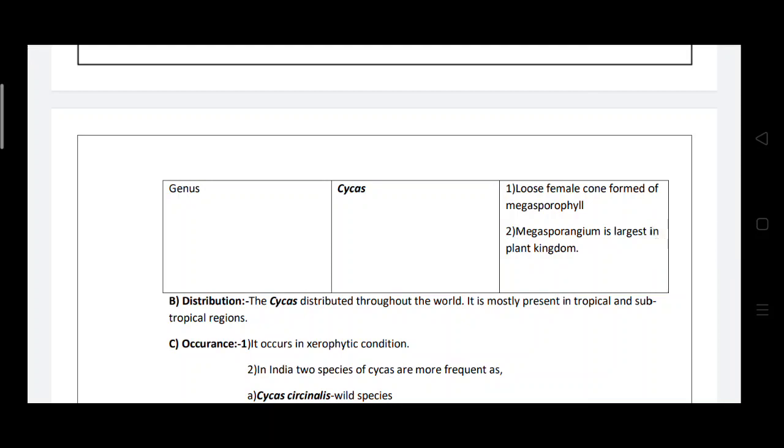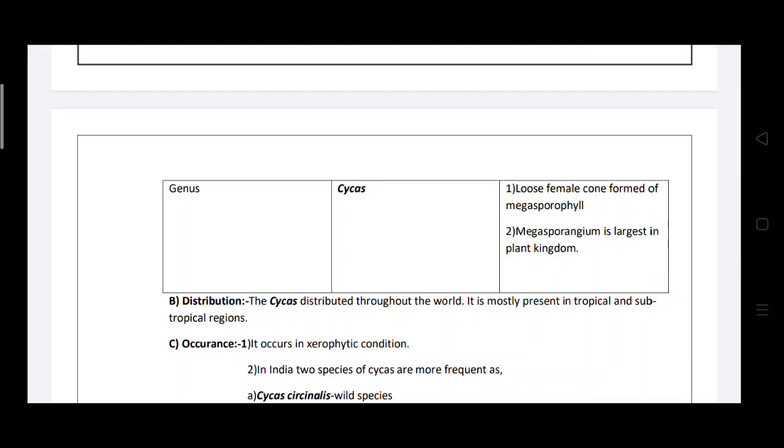The female cone of the Cycas plant has loosely arranged megasporophylls, and in the megasporophyll the megasporangia are there. In this gymnosperm plant, large megasporangia are present.